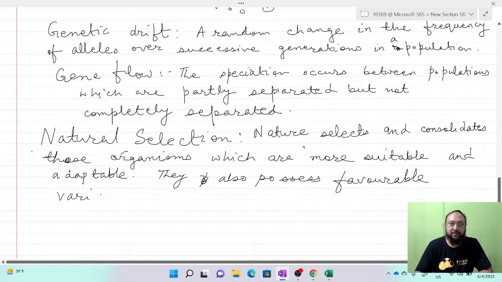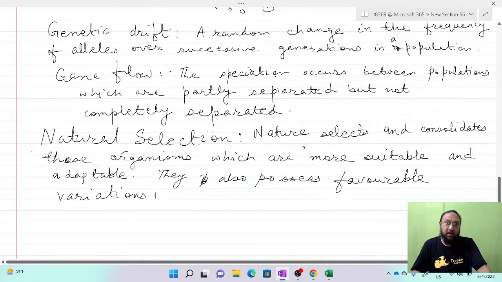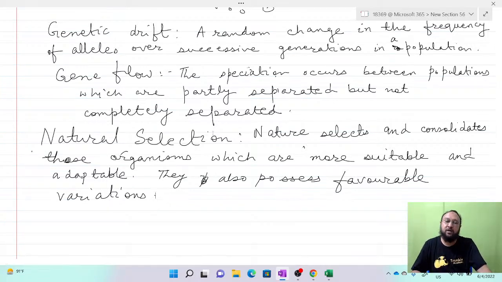These variations help them to adapt to the environment. If the favorable variations are not produced, if there are no modifications and the variations are not observed, then nature will not select them and they may become extinct.